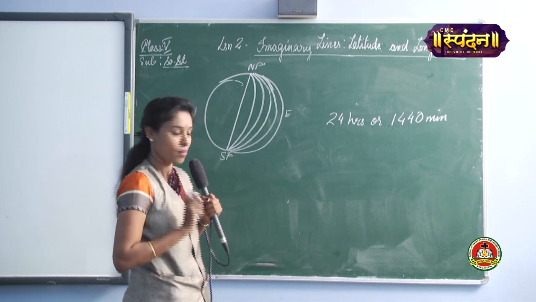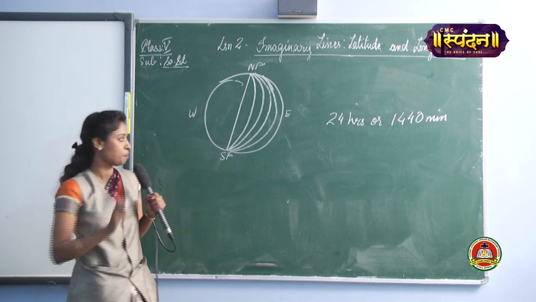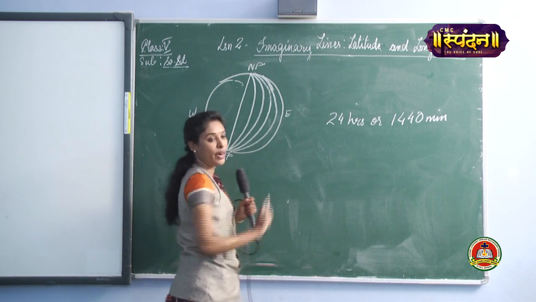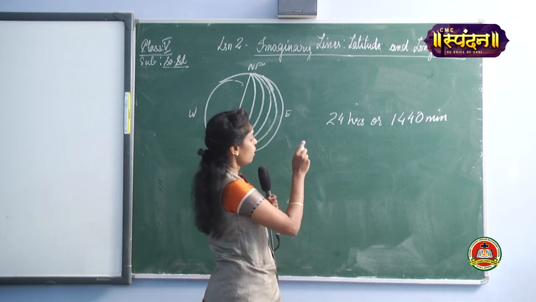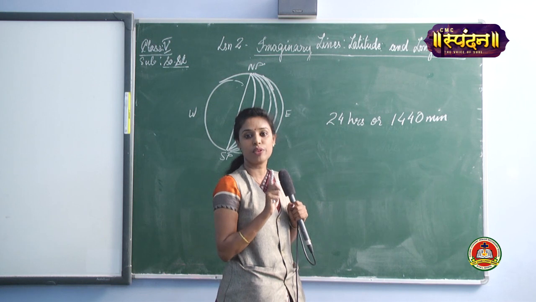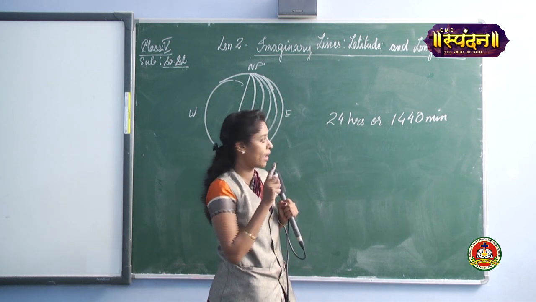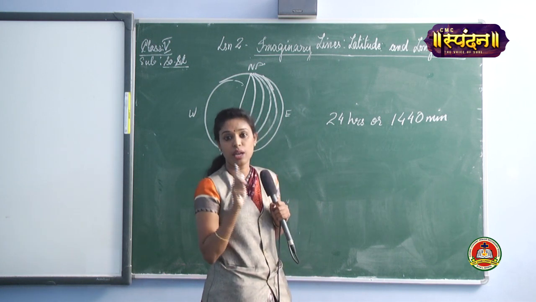Now how to calculate that? You already know that 360 longitudes take 1440 minutes.